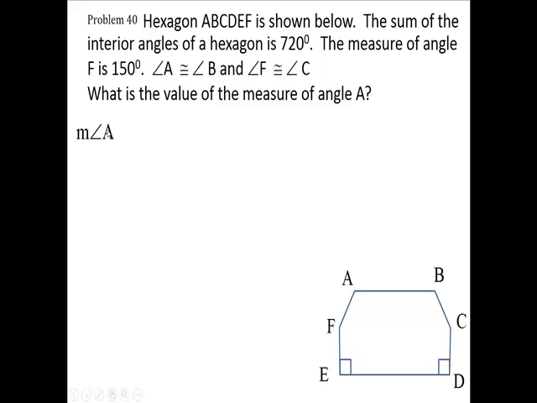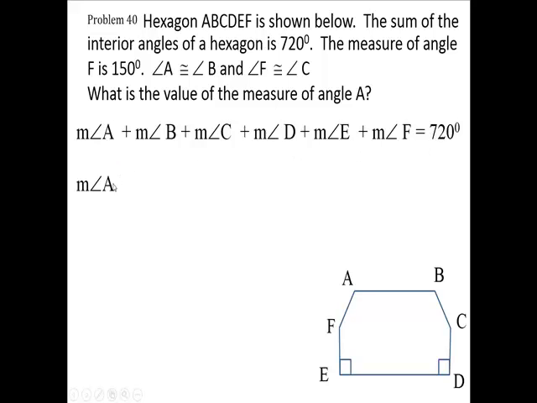Let's start off with A, B, C, D, E, and F. When you add up the measure of those angles, you're going to get what? It tells us that's 720 degrees. Now, A is the same thing as B, isn't it? Can you see A and B are the same number of degrees?